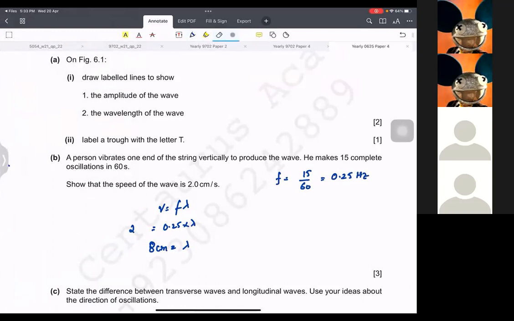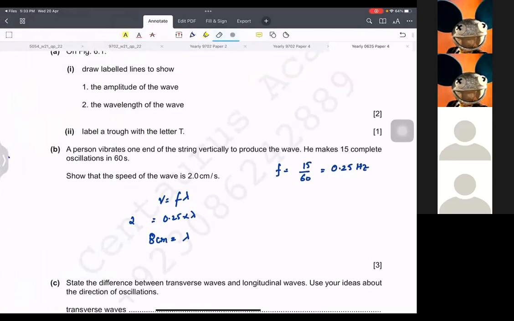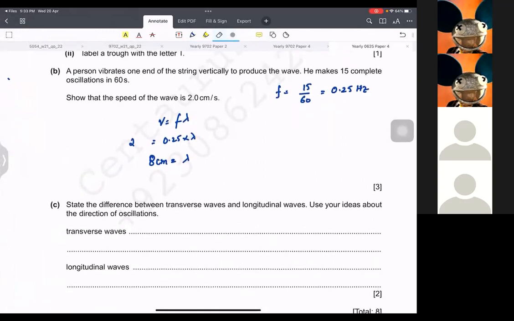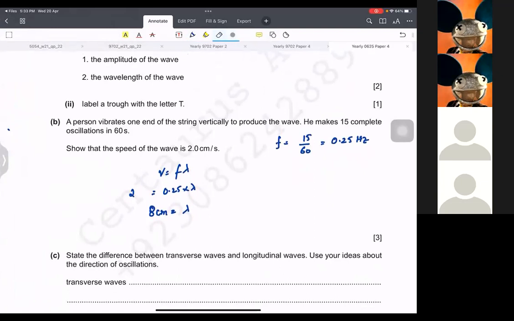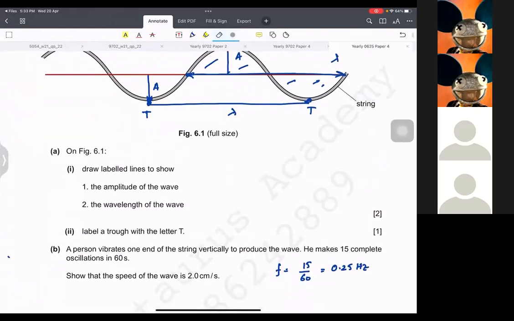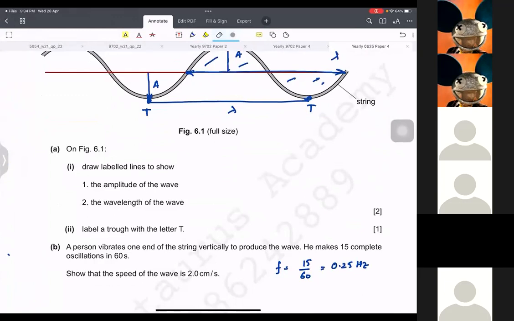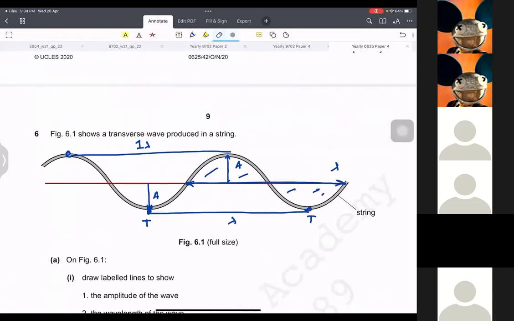All right, now. Oh, it says show that the wave speed is 2, oh, sorry, I did it wrong. So this is this. Now, basically there's an issue here. The point is that you need to have a ruler.